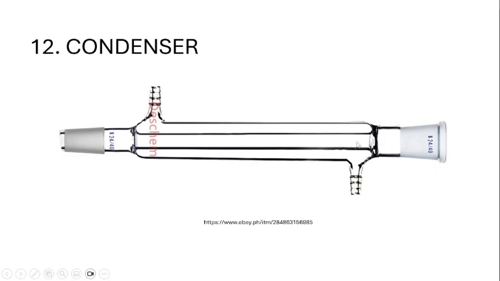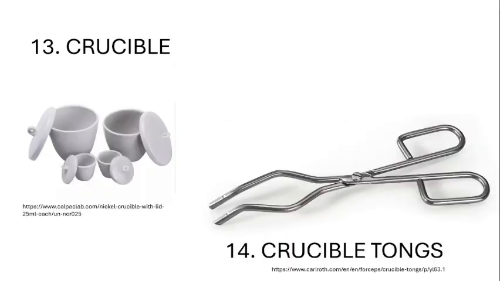So your vapor will pass through this tube or channel here, while water will be supplied through this, connected to the water supply through a rubber tubing, and then it will exit here so that your vapor will condense during distillation.